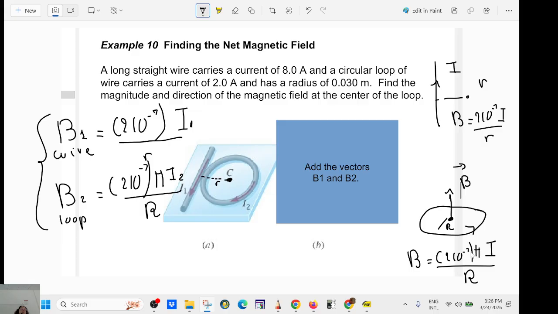You remember because when you think of a circle, you remember 2 pi r squared. So for a loop, you add the pi here, and that distance here is just the radius of the loop. That will be the equation for the magnetic field at the center of the loop, and the other is the equation for the magnetic field at the distance r from the wire.